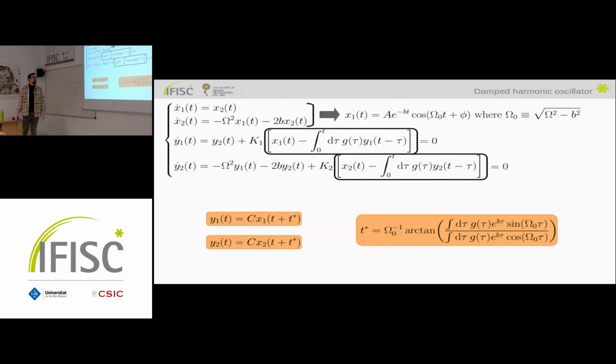In order to do it analytically, we are going to study the stability of this variable over here, which is just the coupling term. So this is the driver system, and this is the integral over the driven. It is worth mentioning that both x and y are damped oscillators. So in principle, if they are synchronized, they are both decaying to 0.